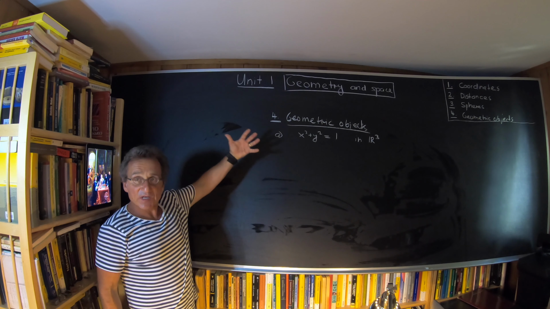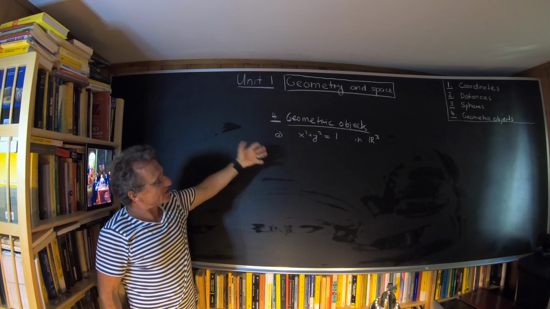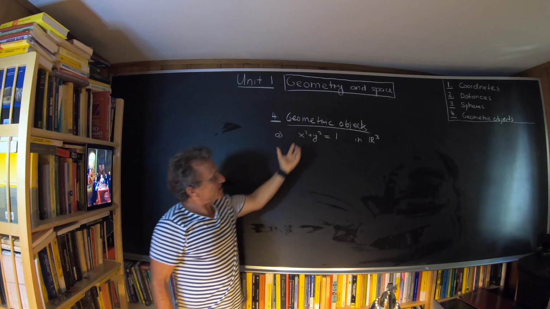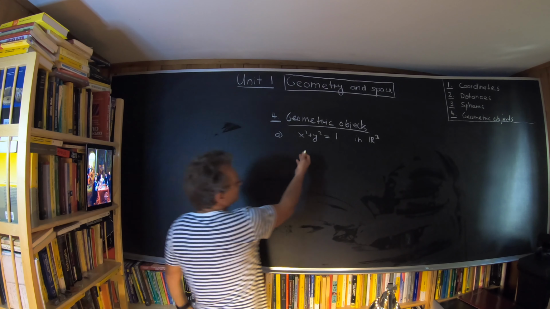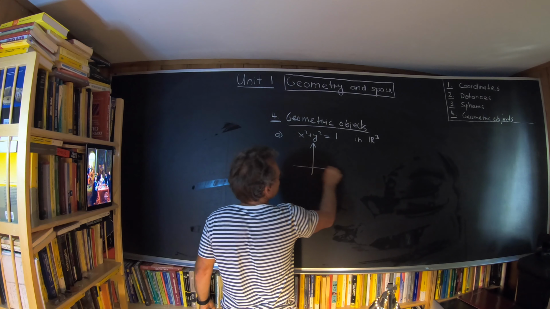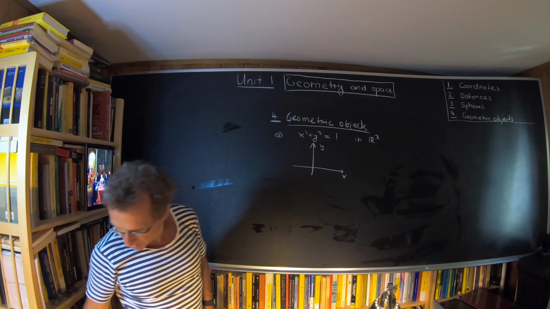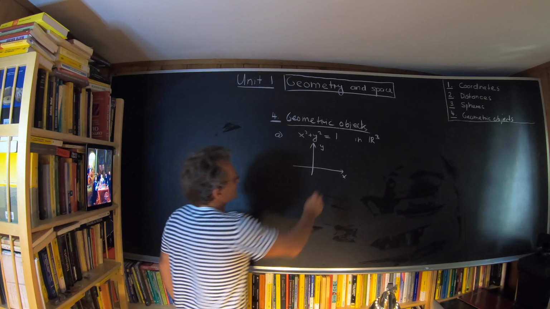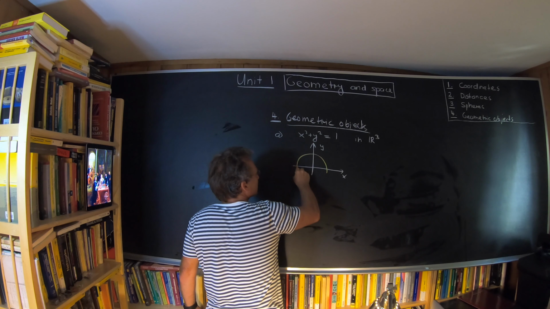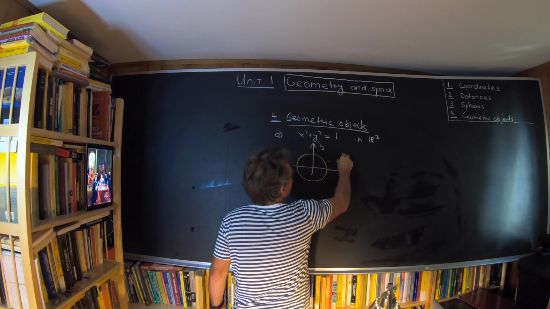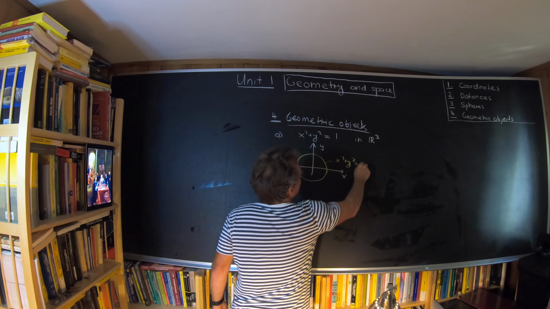You could think that's a circle, you could think that's a sphere, but if we look from above, that's kind of a good picture. So if you look from above, we have x squared plus y squared is equal to 1. We see here this circle.